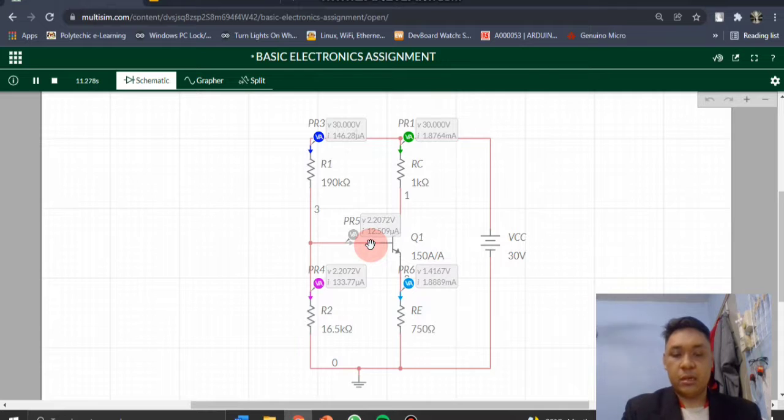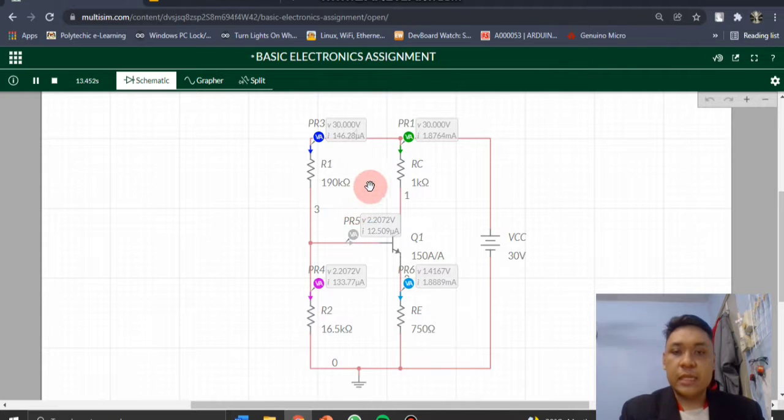I already choose the value. As we know, the minimum for beta is 100 and the maximum is 300 for beta value. So here I use 150 for beta.